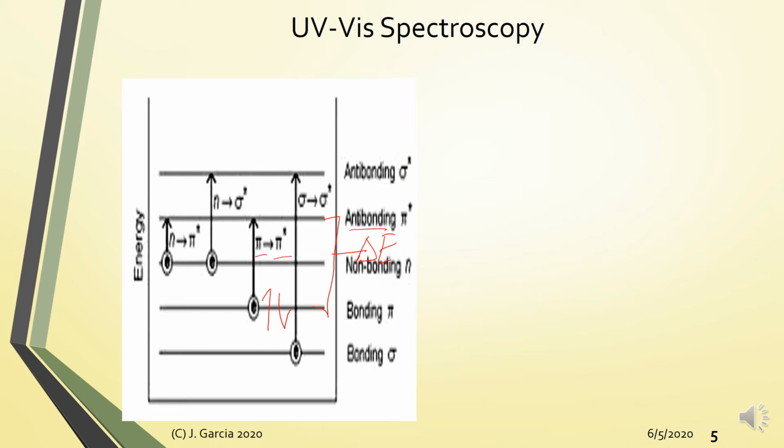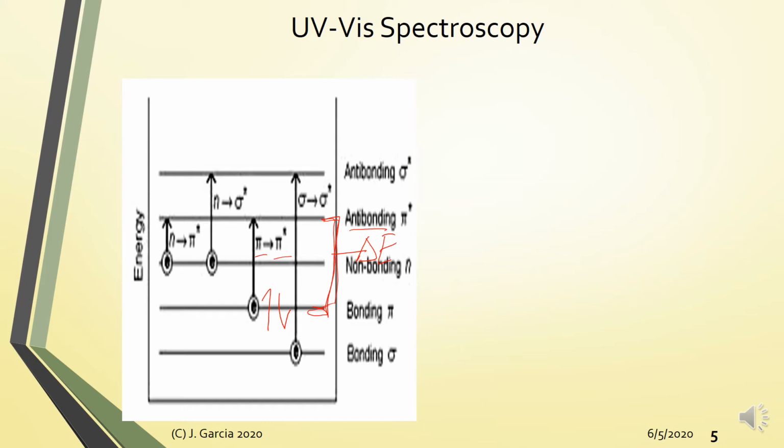This is a common transition for organic molecules that contain pi bonds. That's why molecules that contain double bonds, triple bonds, or aromaticity usually absorb UV-visible radiation, because the energy difference between the pi and the pi star is not that big.